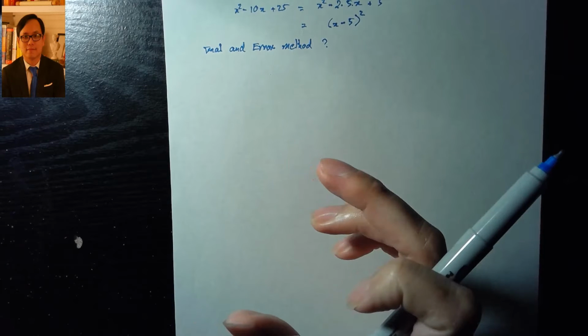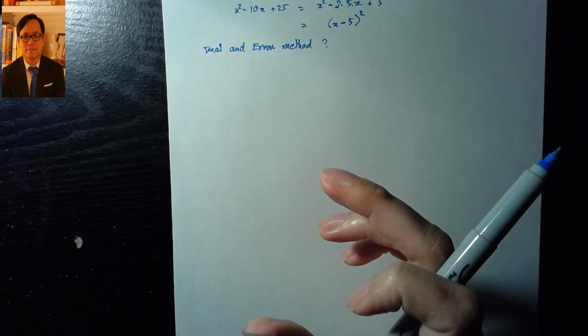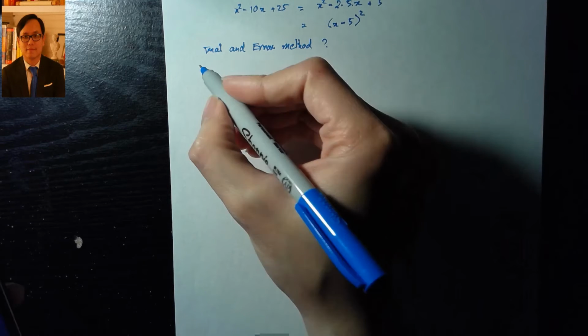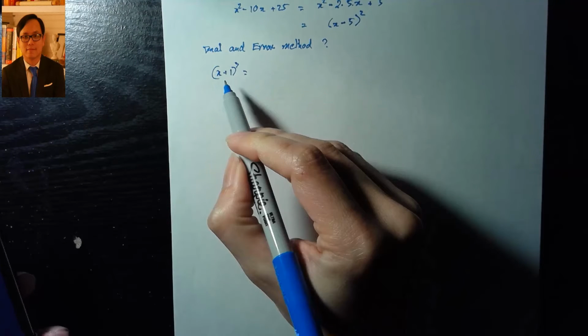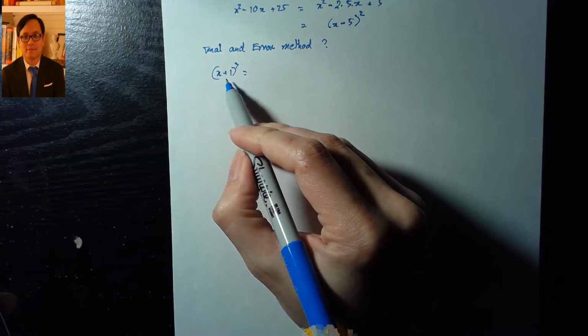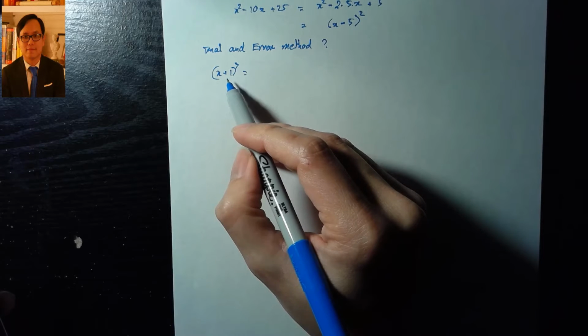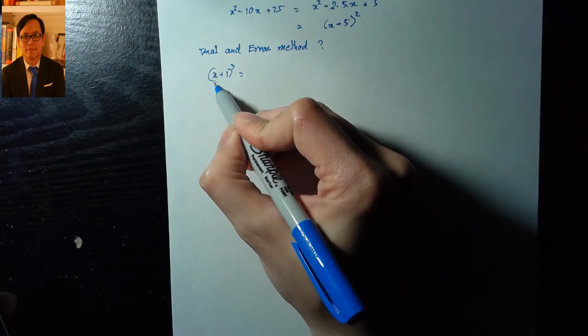Let's do another example. For example, x plus 1 cubed. I can expand this expression using the formula for a plus b cubed. So a in this case is x, b is 1.